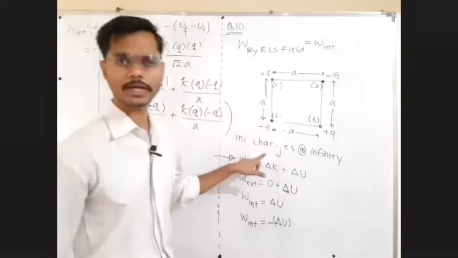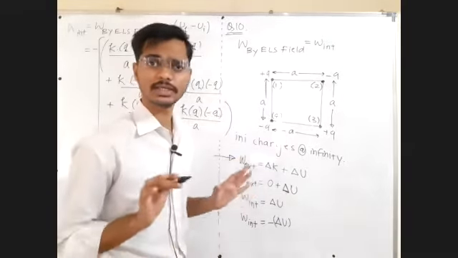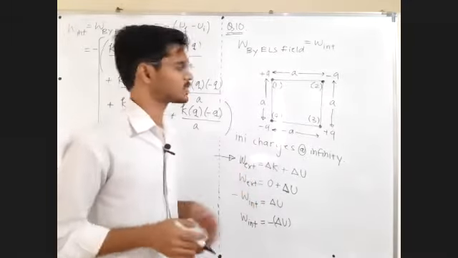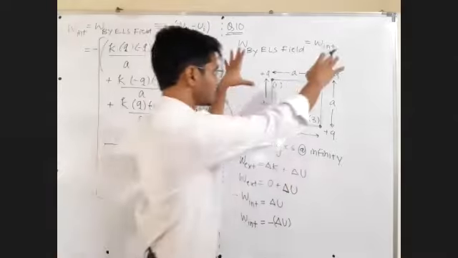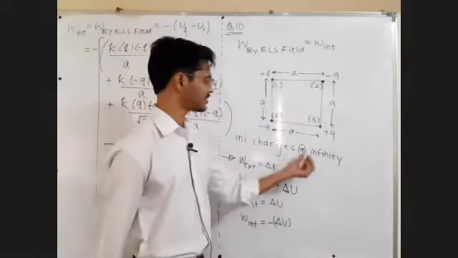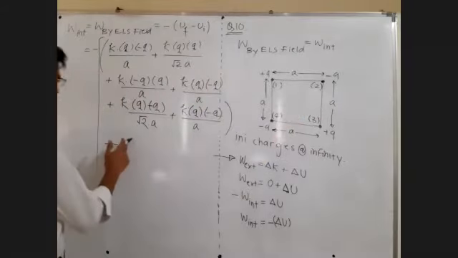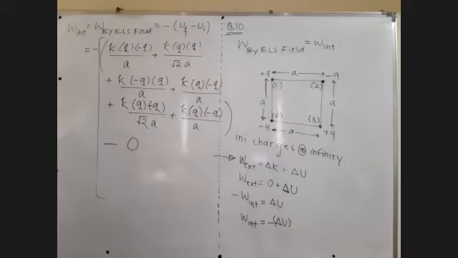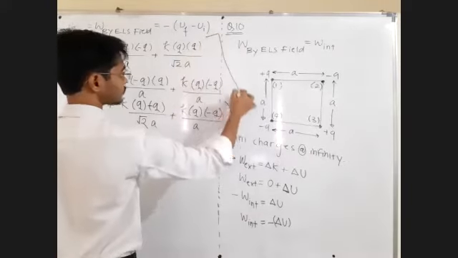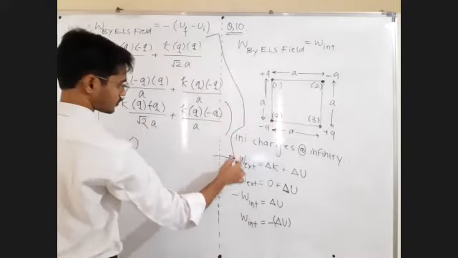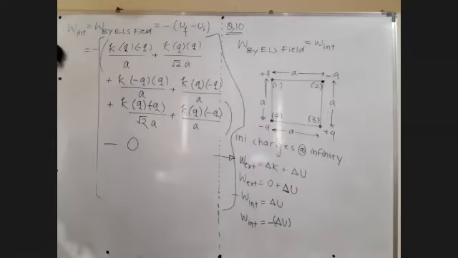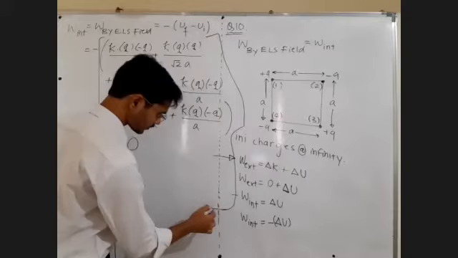Initially charges were at infinity, so the initial energy of the system was 0. If some initial system is given to you, take that initial energy. But right now initially all the charges in the system were at infinity, so you can directly take that energy as 0. Now let us complete this bracket.